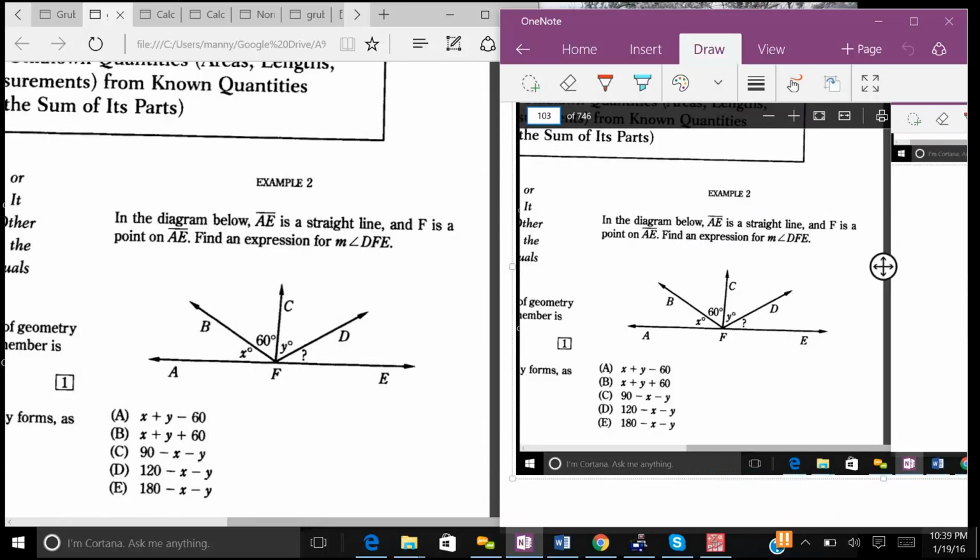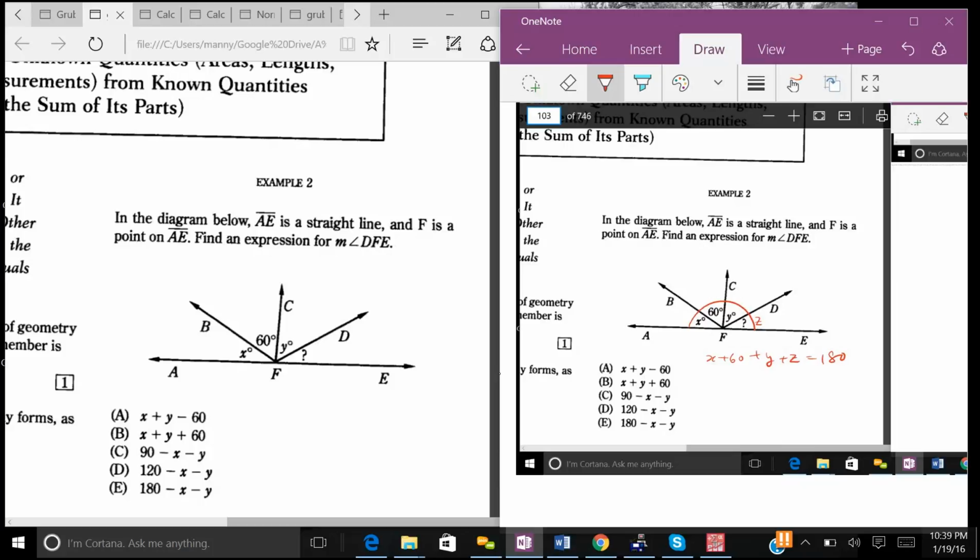So the whole line has to equal 180. I know that. But I'm not understanding the rest. If you know the entire thing is 180, let's call this z, okay? So you know that x plus 60 plus y plus z will be 180, right?